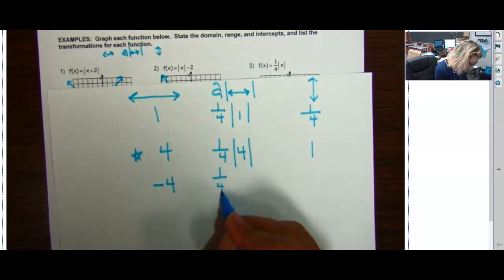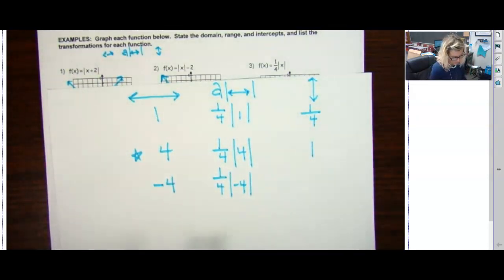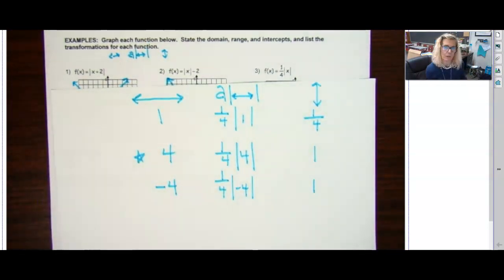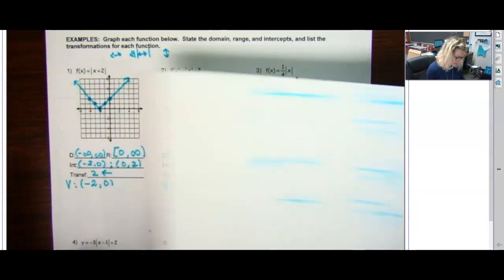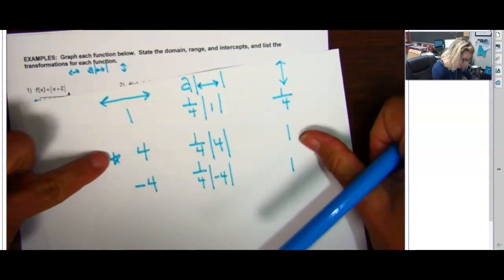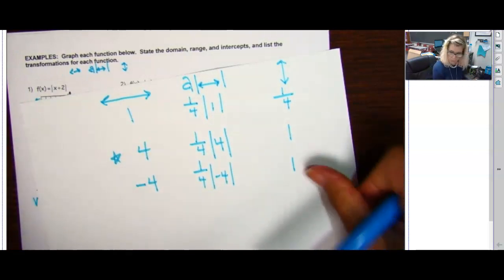And it's going to be 1/4 times the absolute value of -4. And remember, that's still positive. So if I go in the negative direction, it's going to be up 1 for my vertical movement. So let's go back to my vertex and let's just map these out. 4 to the right, 1 up. 4 to the left, 1 up.